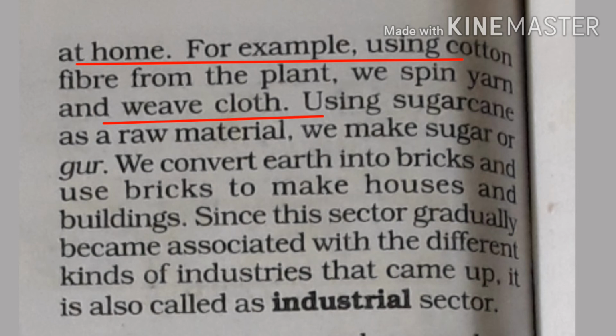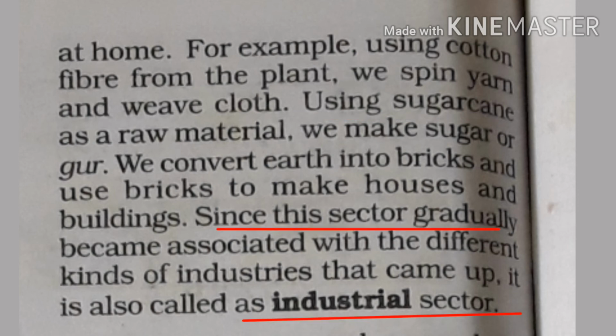For example, using cotton fiber from the plants, we spin yarns and weave clothes. Second example, using sugarcane as a raw material, we make sugar and jaggery. Since this sector gradually became associated with the different kinds of industries that came up, it is also called the industrial sector.